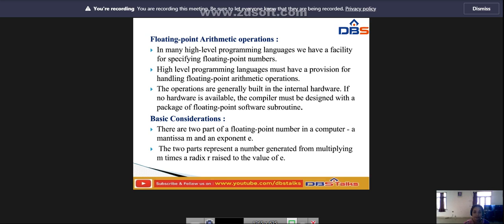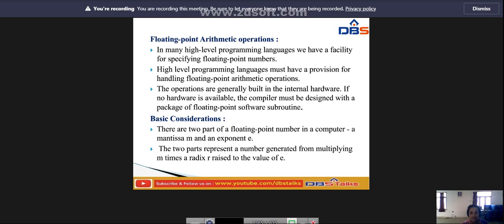High level programming languages must have provision for handling floating point arithmetic operations efficiently. The operations are generally arithmetic operations, declared most commonly in the real declaration statement.